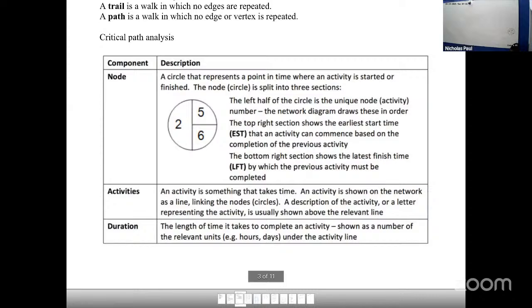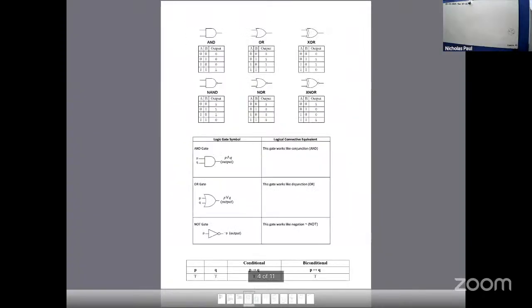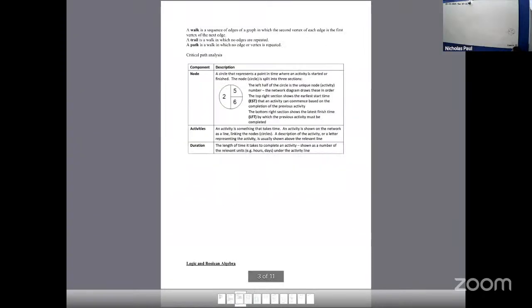The length of time it takes to complete an activity is shown as a number of relevant units under the activity line. So that's talking about how it will look when you look at the table. Let us see if we could go back to ours and do it.